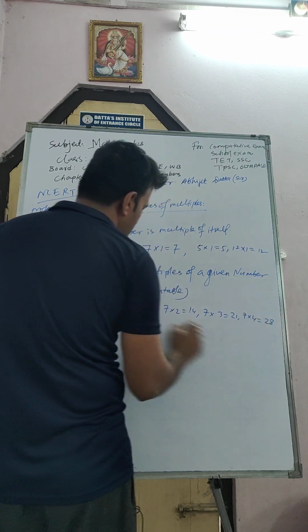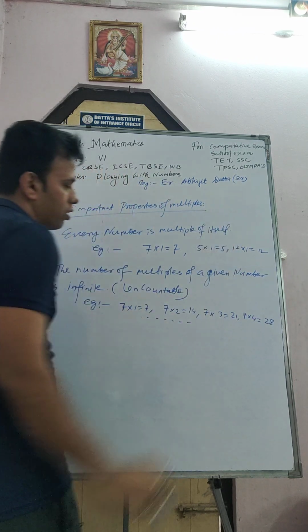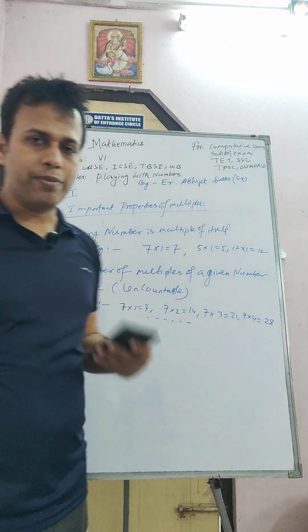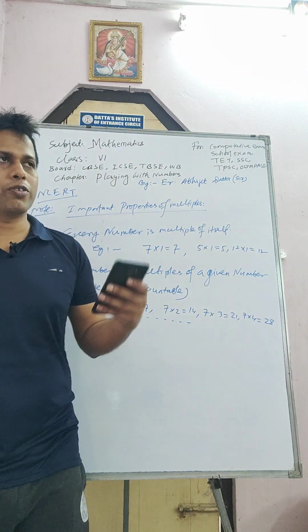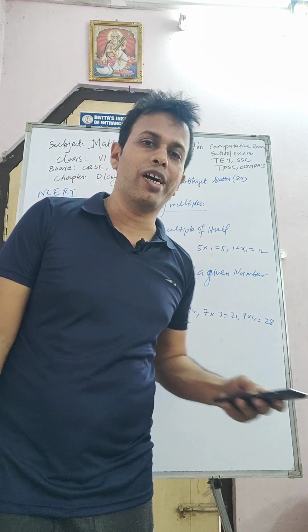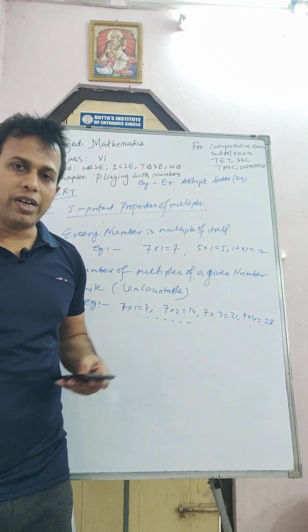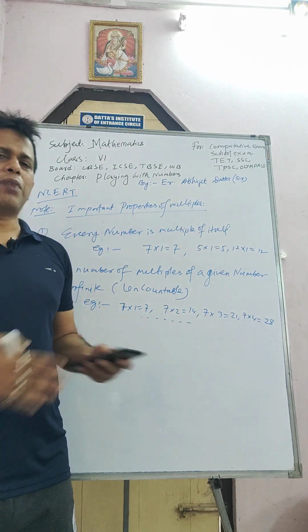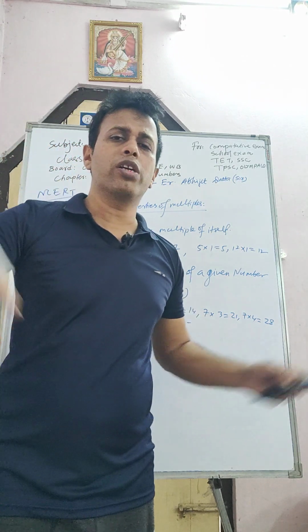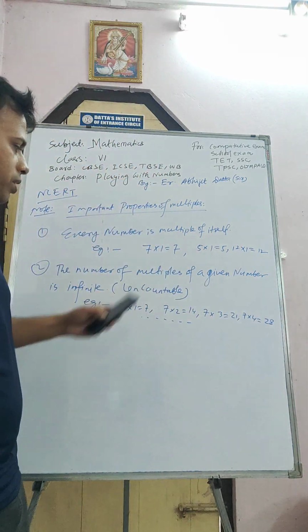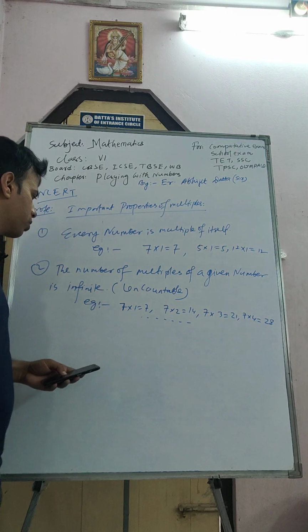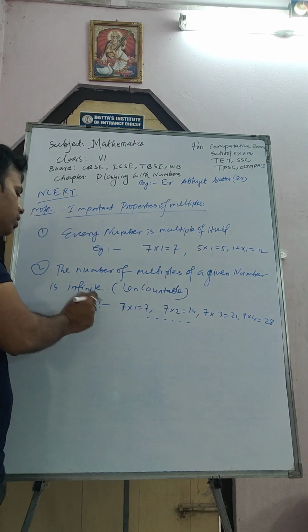So uncountable. You can do 7 into 5, 7 into 12, 7 into 1 crore, 7 into 3 crore, 7 into 1 lakh, 7 into 100, 7 into 9,000, 7 into 1,000, 7 into 500, whatever it will be. It multiplies lots of times. We can multiply 7 by any number uncountable times. That's why these are uncountable.